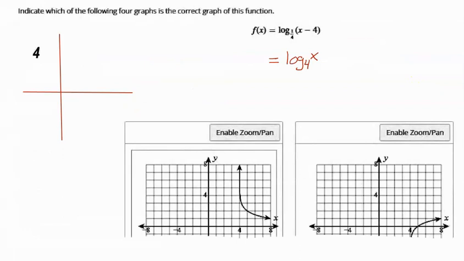Now, for example 4, we're going to look at transitions here. And the protocol to follow is think of what would the graph look like if our base, instead of being 1/4, was 4. Well, remember, whole number graphs look like so.